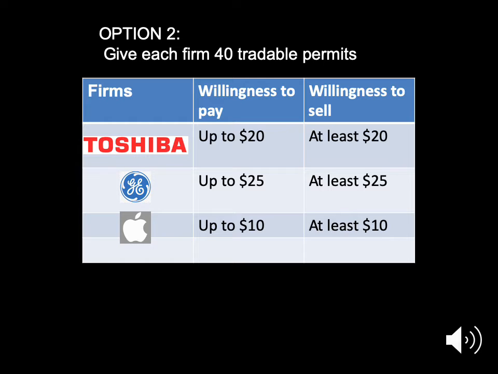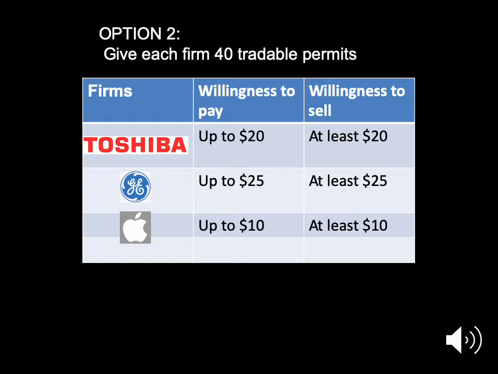For General Electric, the willingness to pay for a permit would be $25 or less, and for Apple would be $10 or less. On the other hand, if Toshiba has a permit, they would be willing to sell it if they receive more than $20. General Electric would be willing to sell their permits if they receive more than $25, and Apple would be willing to sell their permits if they get more than $10.